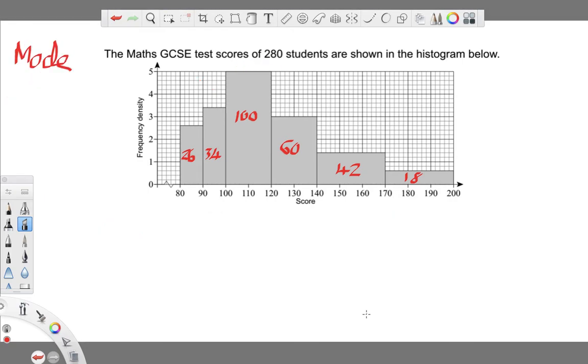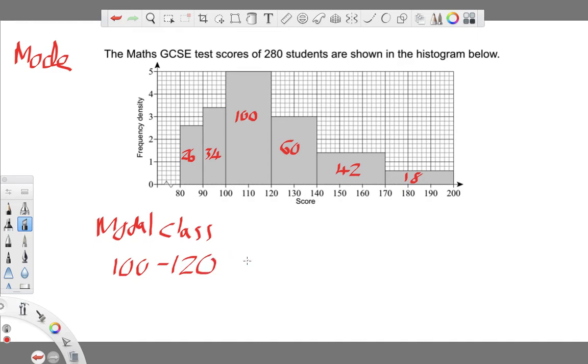Calculate the mode. We use the frequencies we've calculated, and we choose the class with the highest frequency. The highest frequency here is 100, so the modal class is the class with the highest frequency, which is the class of 100 to 120.